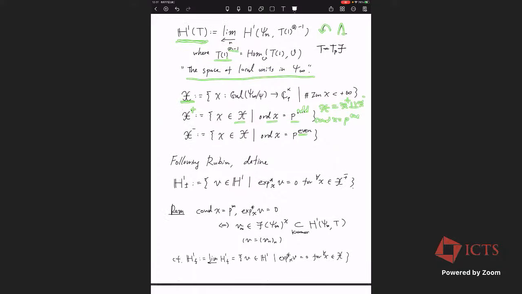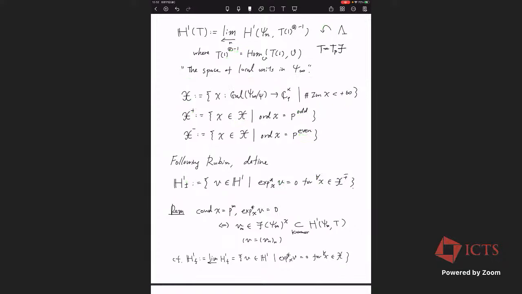Following Rubin, we define the Λ-submodule H^1_± of H^1 as follows: v is in H^1_+ if and only if v is killed by the χ-part of the dual exponential, where χ belongs to X^-. So v is killed by all the characters killed by the dual exponential, the χ-part for χ in X^-.